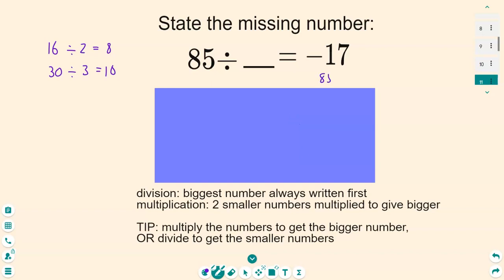You can actually do this. 85 divides 17. And that's going to give you the other smaller number. And then you check your signs. So we've got positive divided by a positive would give a positive, but we need this number to be negative.